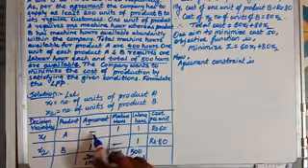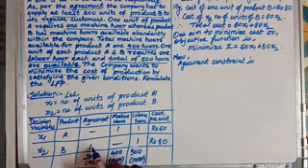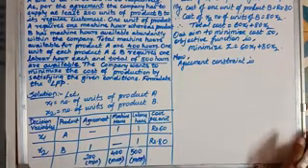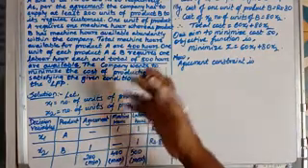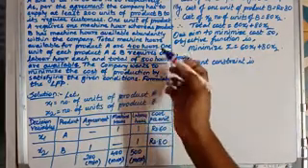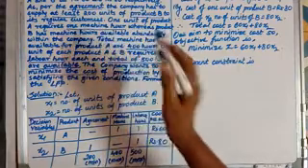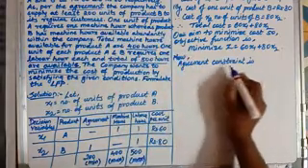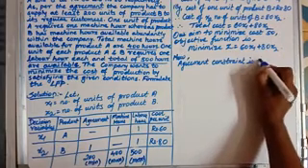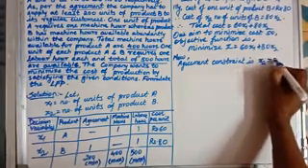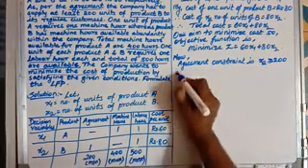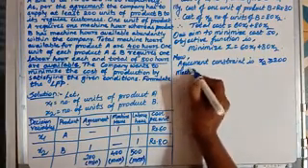It is not about product A. So the agreement constraint is related with product B. So I can say 1 into x2, and this is minimum, means greater equal 200, or more than that the supply will be possible, but not less than 200 units. So the agreement constraint is x2 greater equal 200.